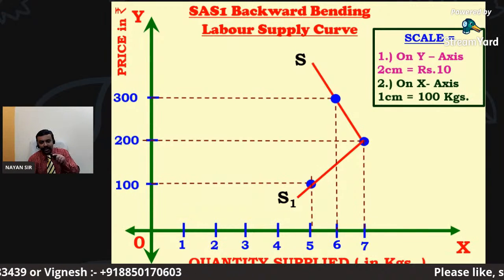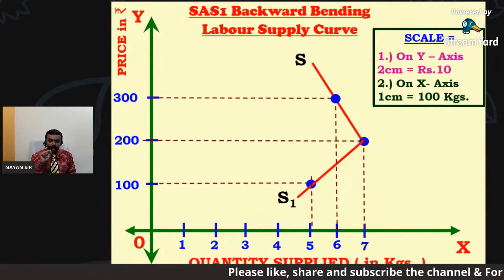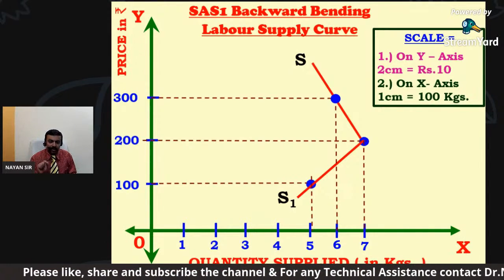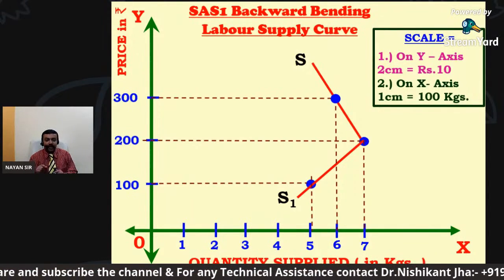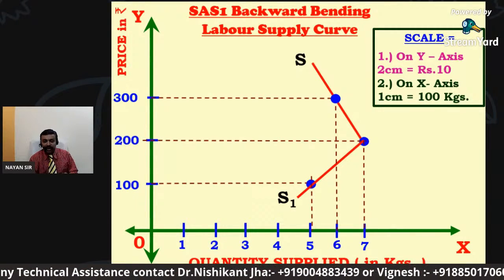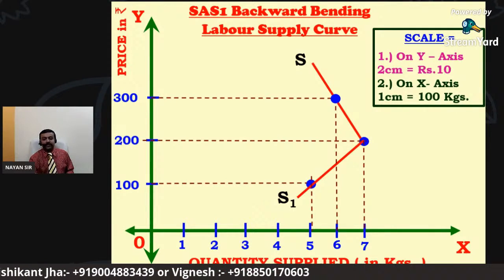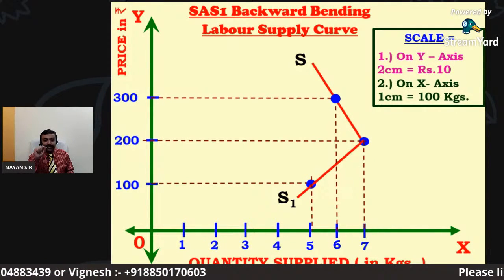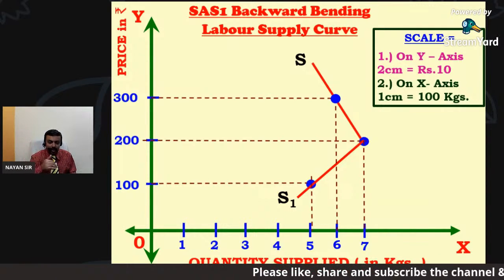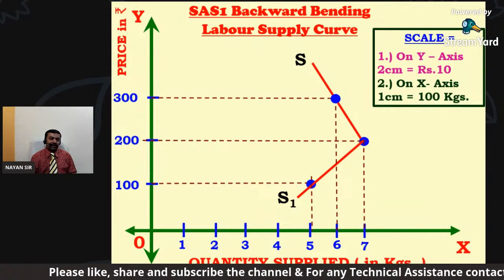If the wage rate rises further from rupees 200 to rupees 300, the total amount of wages may rise, but the laborers will prefer leisure time and deny working extra hours. Thus, friends, labor is ready to work only for 6 hours. At point A, the supply curve bends backward, which becomes an exception to the law of supply, friends.